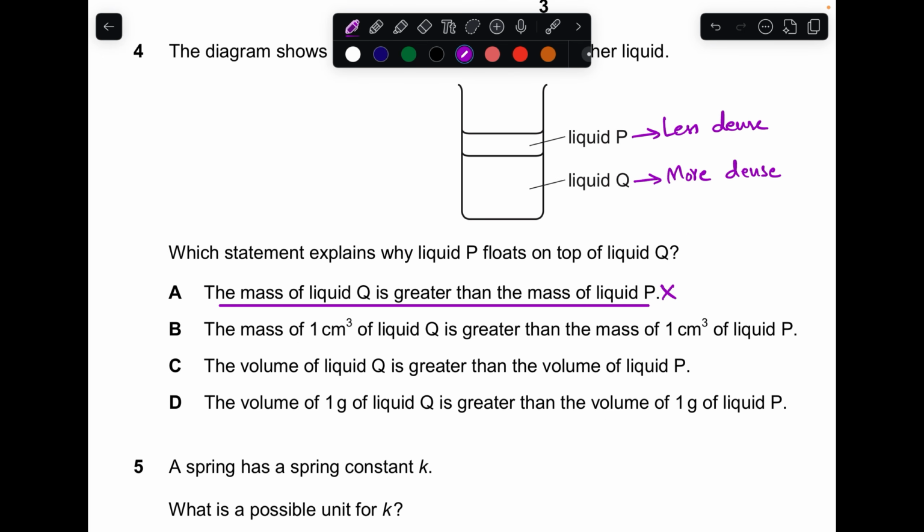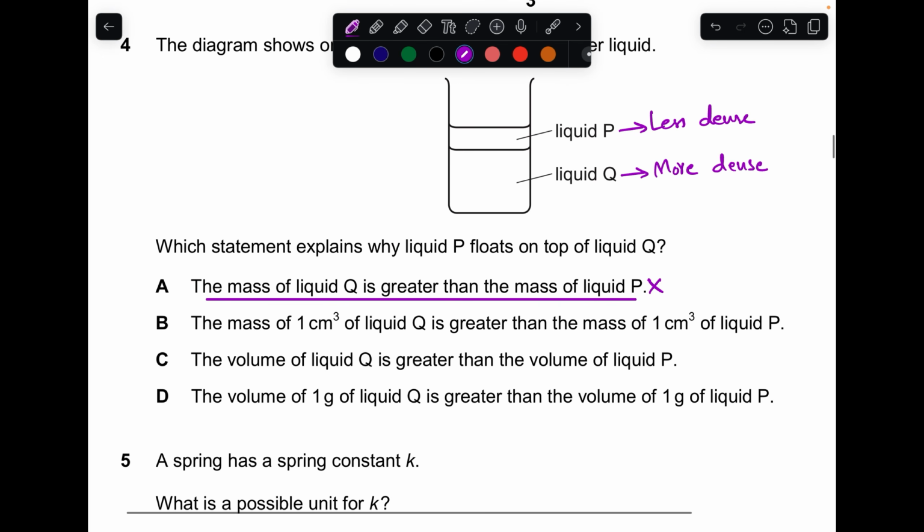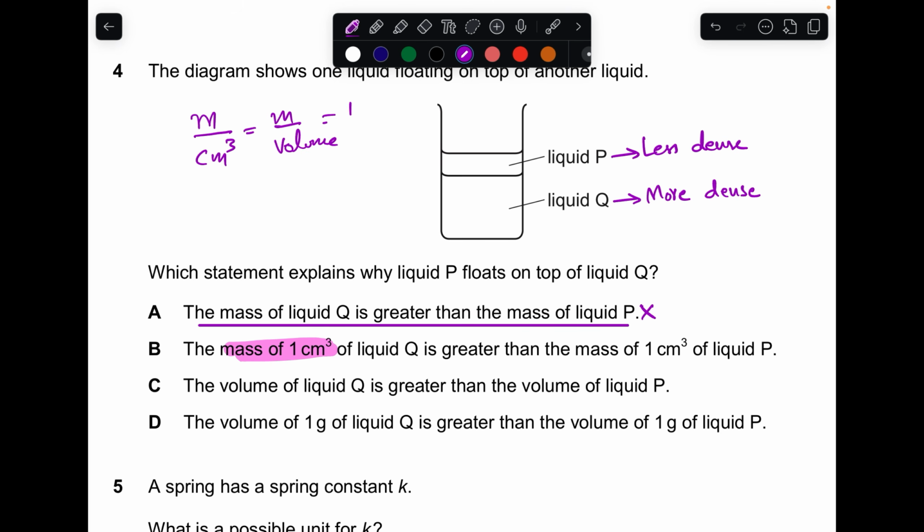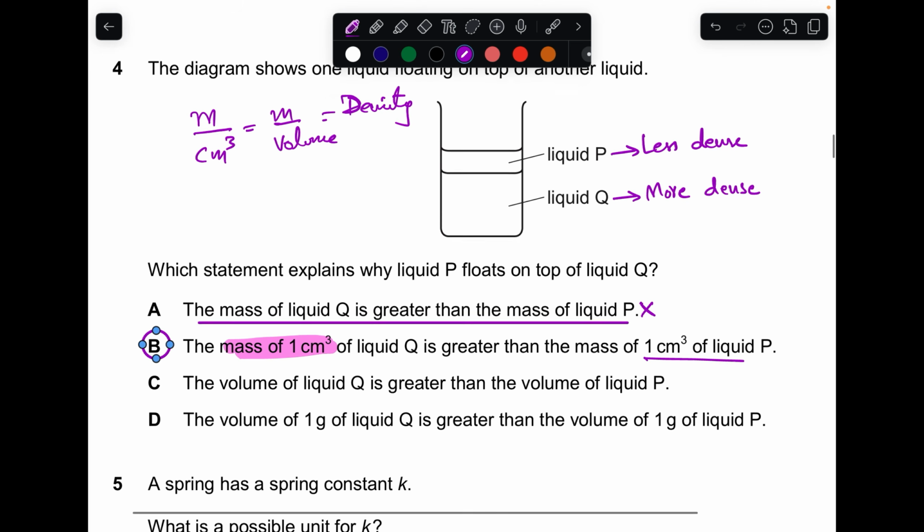For option B, the mass of 1 centimeter cube of liquid Q is greater than the mass of 1 centimeter cube of liquid P. So what they are telling is mass per centimeter cube, which is basically mass per unit volume. That is basically density, if you remember the formula for density. So the density of Q is greater than the density of P. Yes, this is true. Option B is correct.